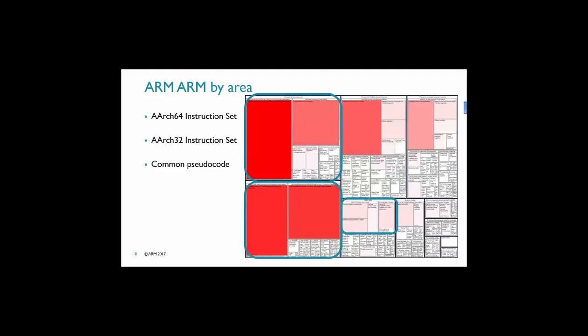And that is a shared library of common pseudocode that is used by both of them. If you add all that up, it's just over 50% of the spec, around 2,900 pages. And this constitutes the ISA, the instruction set architecture, which is where ISA Formal focuses all of its efforts, just at verifying this instruction set architecture and the processor's adherence to it.